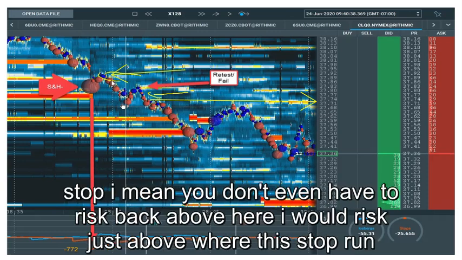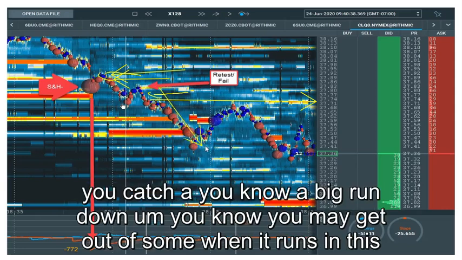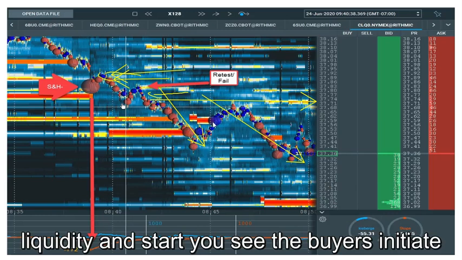It's a bigger stop. You don't even have to risk back above here. I would risk just above where this stop run fired off the first time. So you're looking at about 13 ticks, 14 ticks, and you catch a big run down. You may get out of some when it runs into this liquidity and you see the buyers initiate, which is fine.